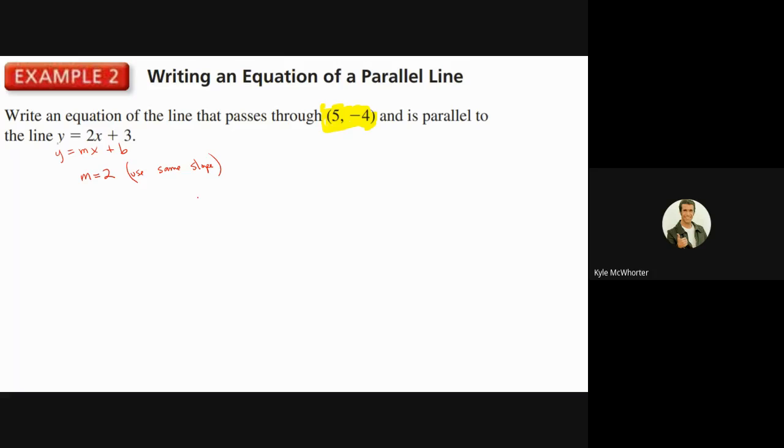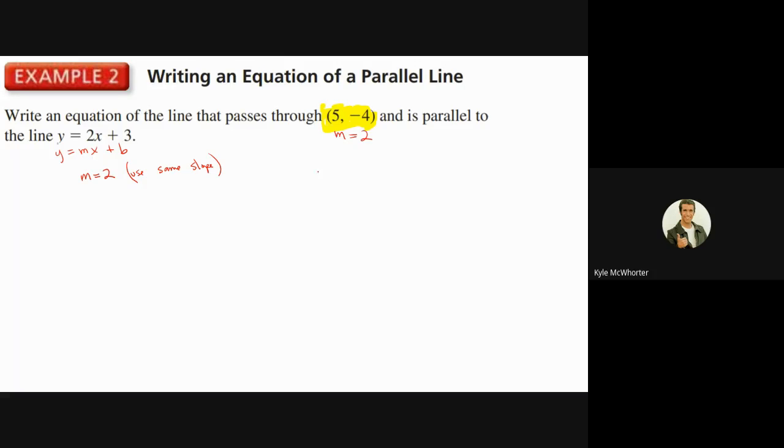Right? Because parallel lines have the same slope. So we want to write the equation of a line that has the point (5, -4) and the slope m equals 2.